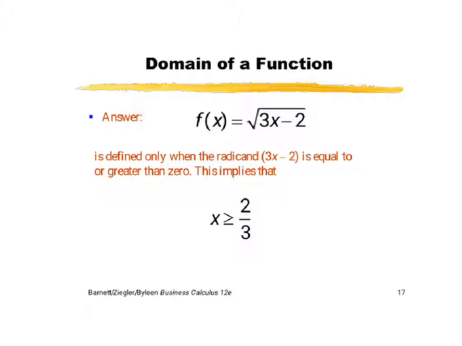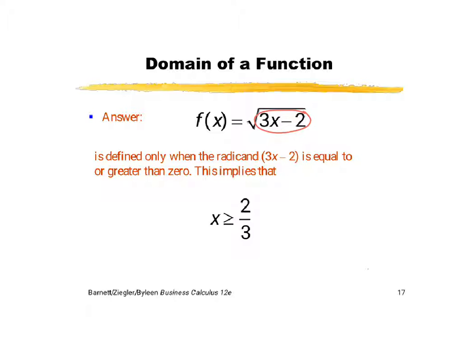Okay, so this brings us to the domain of a function. Okay. Notice here for f of x equals the square root of 3x minus 2, we have restrictions for any output. So in this case here, whenever you have a radical, the quantity under the radical has to be positive, or it can be 0 or any positive value.